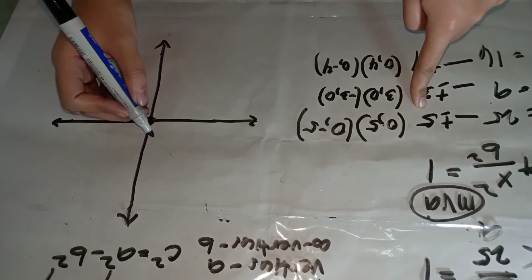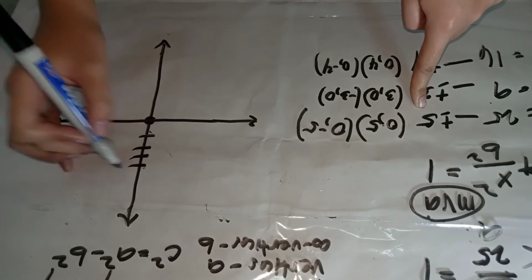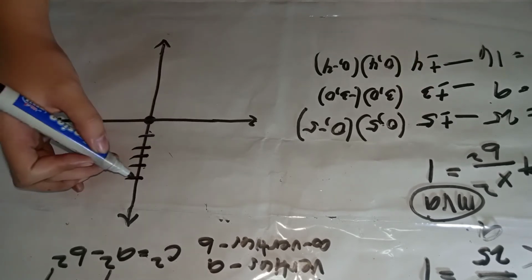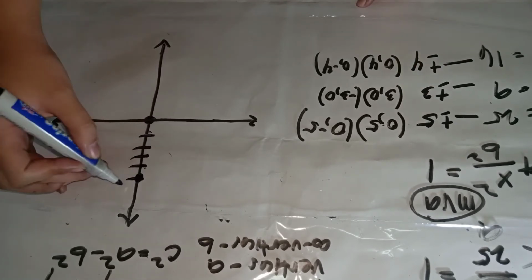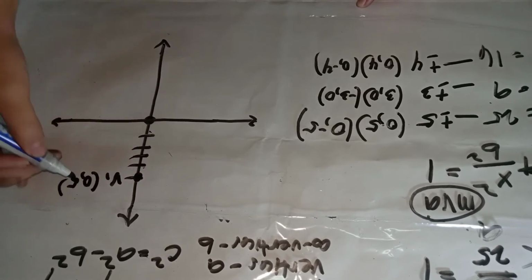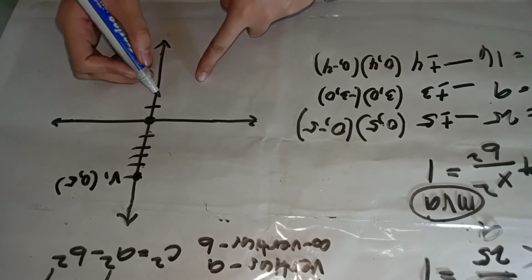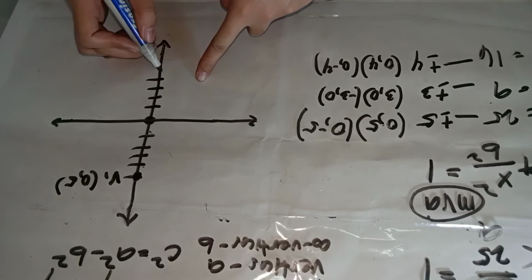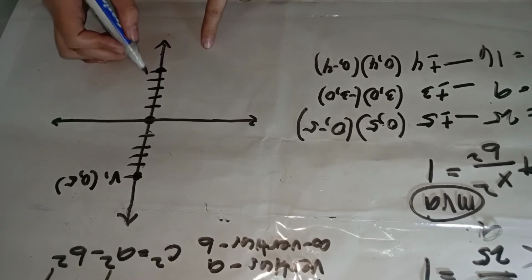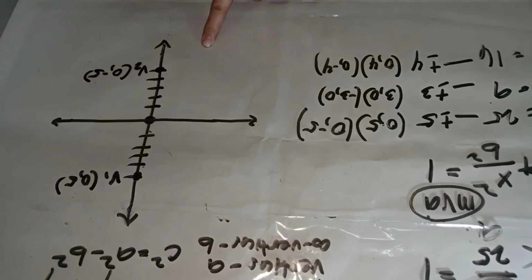Let's count. 1, 2, 3, 4, 5. So, here is your vertex 1, which is 0, positive 5. Let's go to the negative. 1, 2, 3, 4, 5. Here is your vertex 2, which is 0, negative 5.